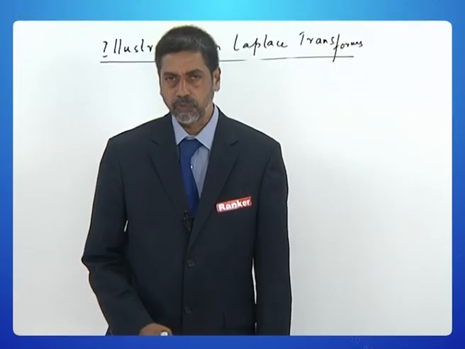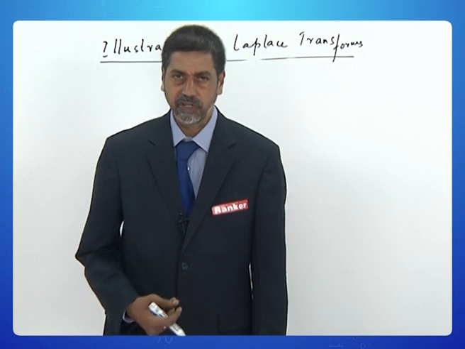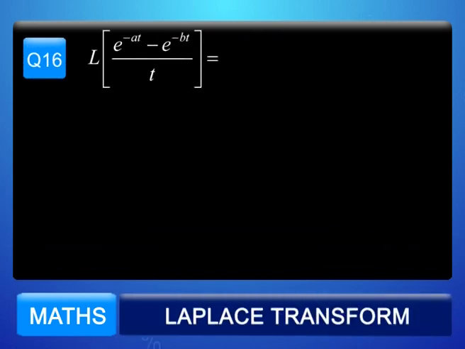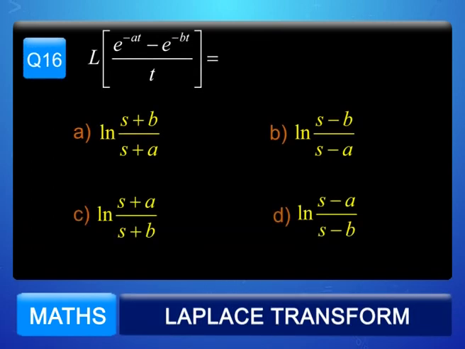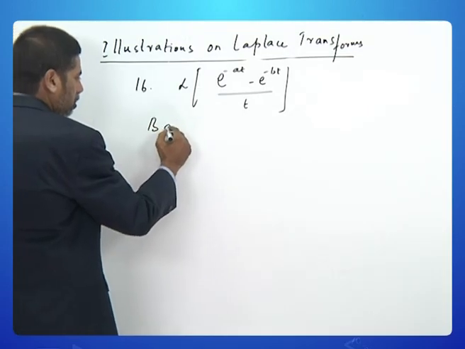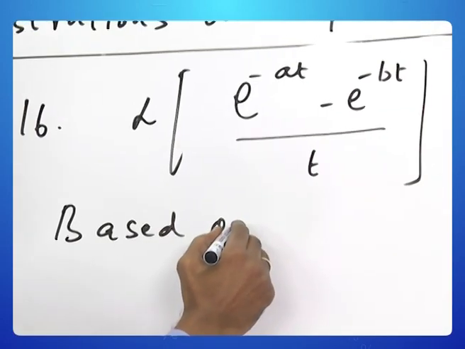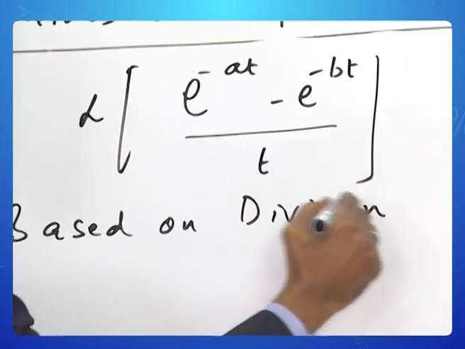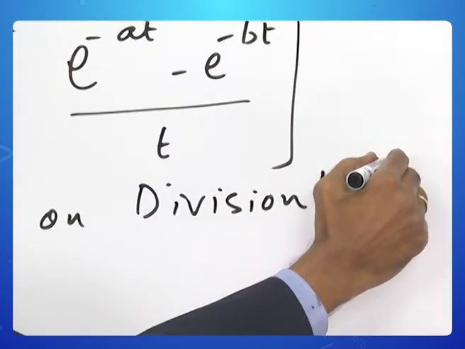In the 16th problem, once again we have the division by t situation. The problem is the Laplace transform of e power minus at minus e power minus bt divided by t. So this is based on division by t.